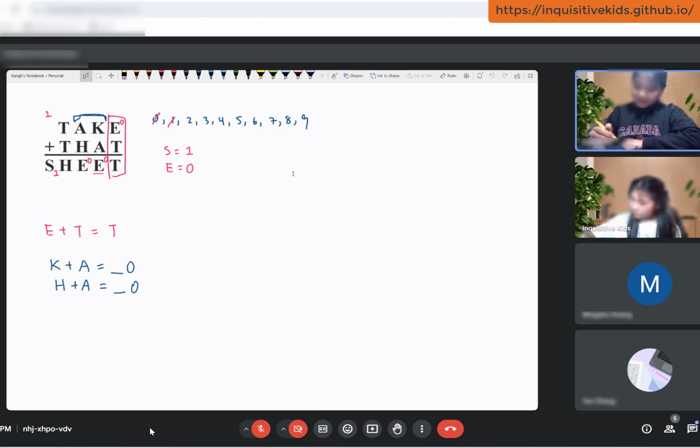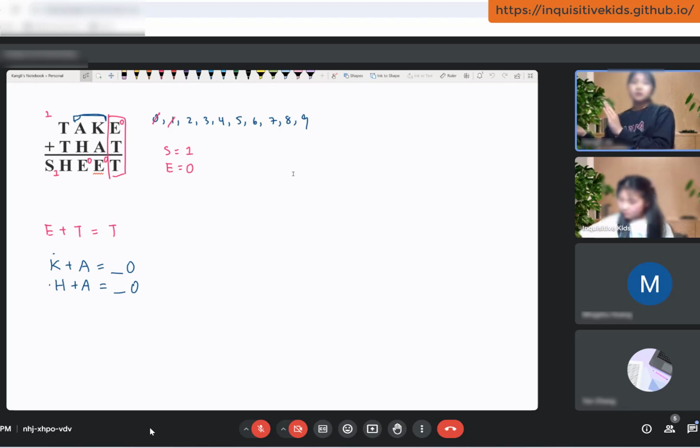So if we compare this, we can see that K and H equal different values. But for some reason, when they are added to A, they both equal something that ends in a 0. This is a little bit strange, but by comparing this, we can tell that carrying was involved.